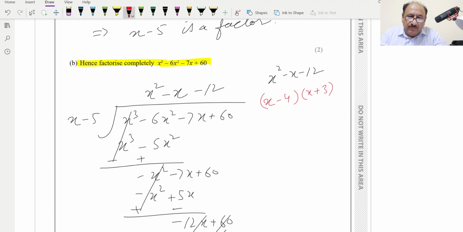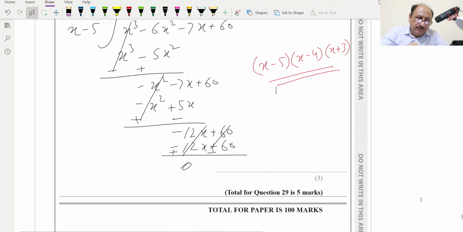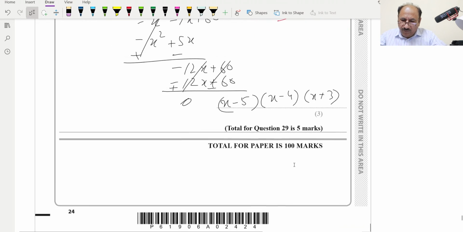These two will be the factors, and the third one is x minus 5, so our answer will be x minus 5, x minus 4 and x plus 3. This will be the final answer which we can provide over here.